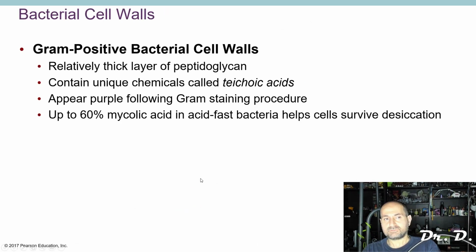So what's the difference between gram-positive architecture cell wall and gram-negative architecture cell wall? Let's talk about that. With gram-positive cell walls, you have a relatively thick layer of this peptidoglycan, these NAG-NAM repeats. And these also contain these unique chemicals called teichoic acids.